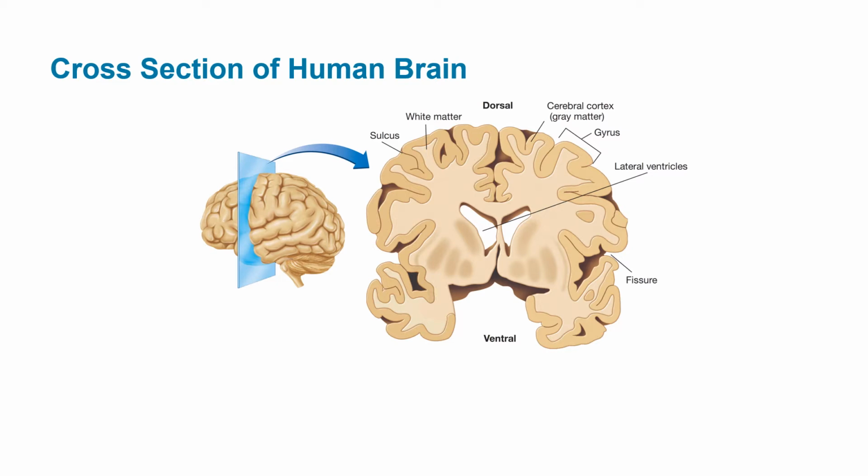All of the things you see in this slide we'll discuss as we go through. One important thing is that you get a chance to see these fissures in the brain, and how the surface of the brain has wrinkles on it that allow for more surface area.